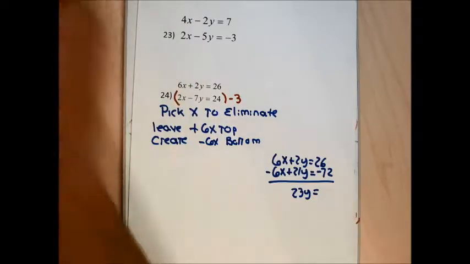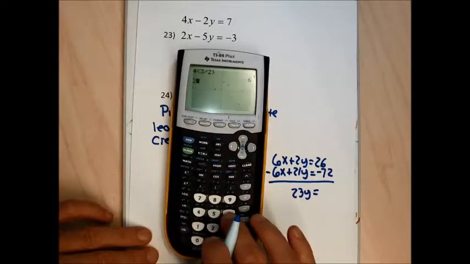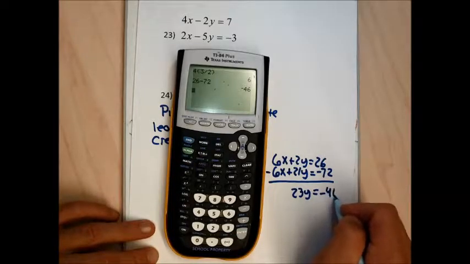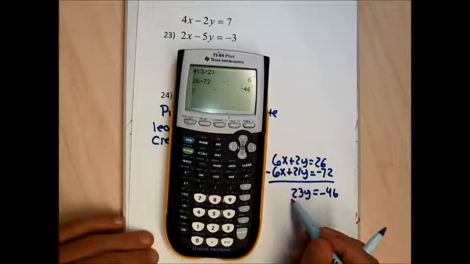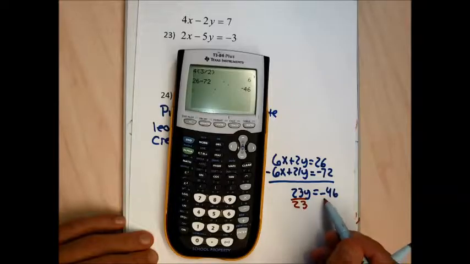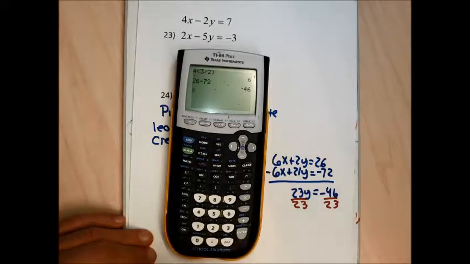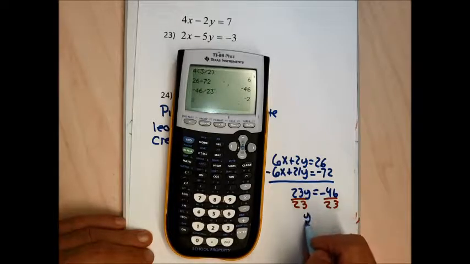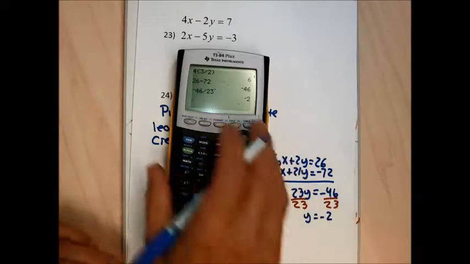And 26 minus 72 is minus 46. Divide both sides by 23. Negative 46 divided by 23 is going to be negative 2. So that's going to give me y equal to negative 2.